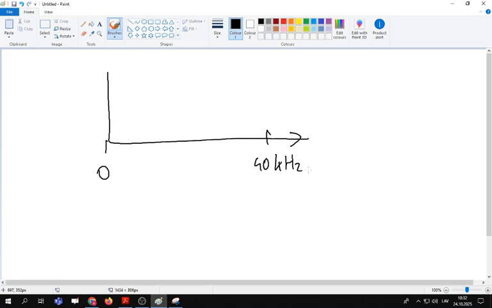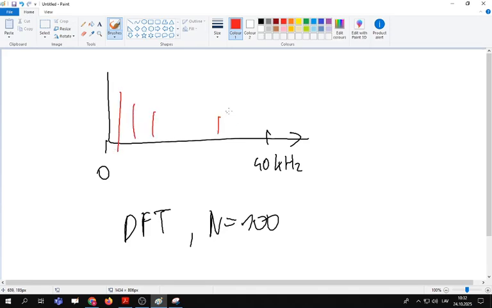And then we know that you have, let's say, a discrete Fourier transform with n equal to 100. That means you take 100 of your data points and then calculate 100 spectral components. So that means you will calculate some spectrum. It doesn't matter what exactly it's going to look like. I will draw something like that, which is also going to have n of 100 samples.